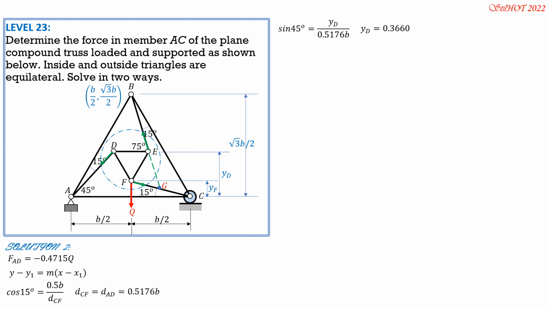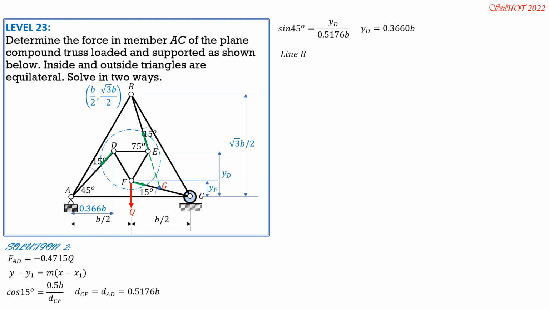So YD is 0.366 of B. If YD is 0.366 of B, because this is 45, remember opposite and adjacent are equal. So XD, or the horizontal distance of D from A, which is the origin, is also 0.366 of B. So this is 0.366 of B, 0.366 of B, YD. That's the same.